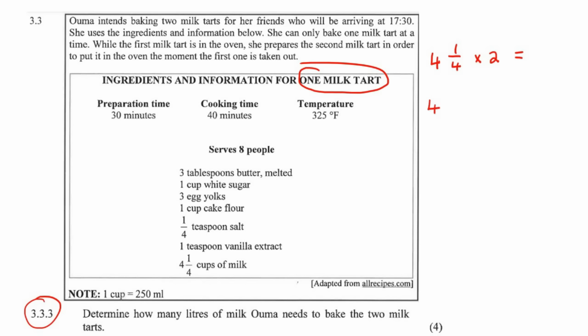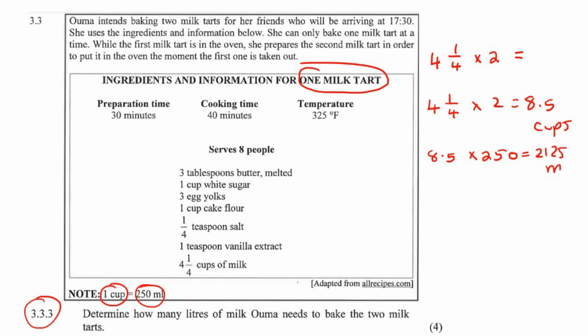So you're going to type it in the correct way, and you're going to multiply that by 2. And that's going to give you 8.5 cups. That's not liters, that's cups. Then it says that 1 cup is 250 mils. So we could say 8.5 multiplied by 250, and that's going to give us 2,125 mils.